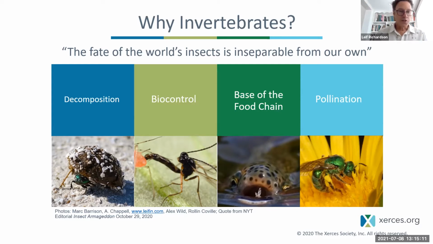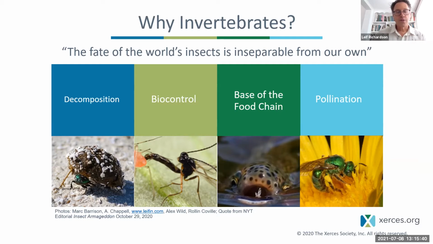So for example, decomposition, you see a picture of a dung beetle there. Biocontrol, so natural enemies of, I think that's probably an aphid in that image, second to the left, are very important. There are native species that might come to farms and parasitize the pests of the crop plants. This is something we don't pay for. It just is a benefit that comes to us from nature in most cases, and it's very important to agriculture.